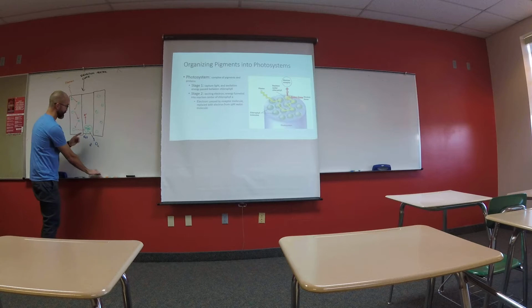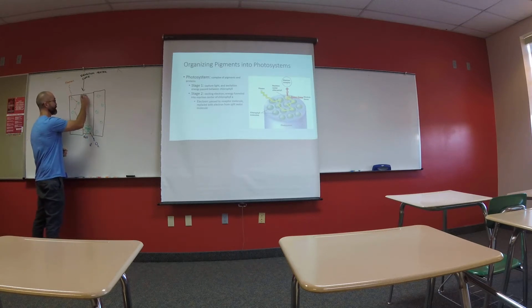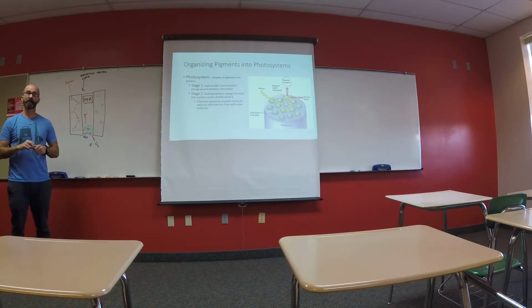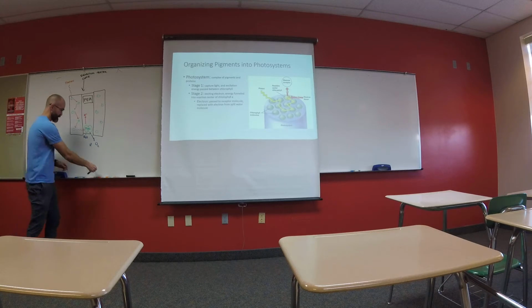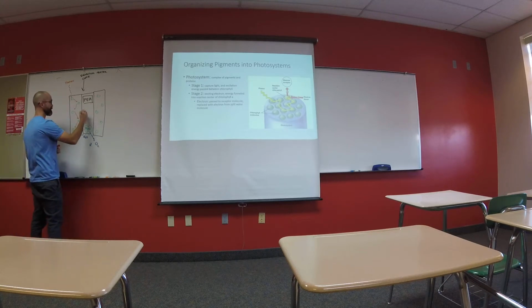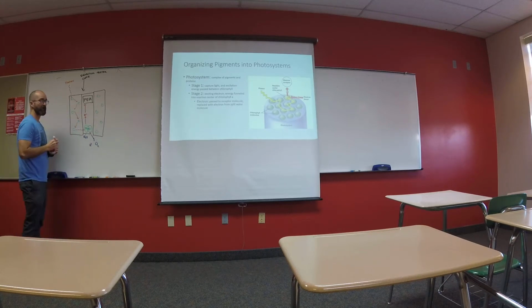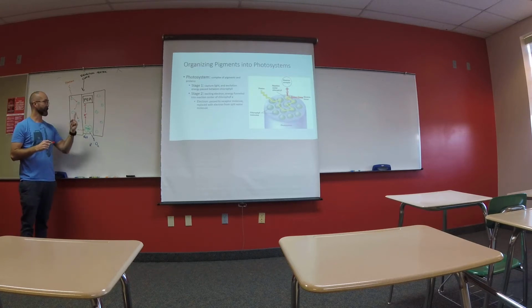And the electron that was a part of P680 goes to the top of the reaction center core to a protein complex called the primary electron acceptor, or PEA. So that electron finds its way up here, and P680 reduces the primary electron acceptor because this electron acceptor has accepted that electron.